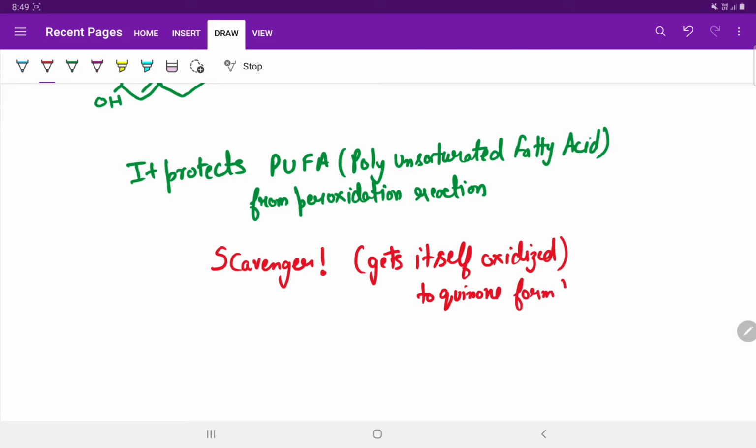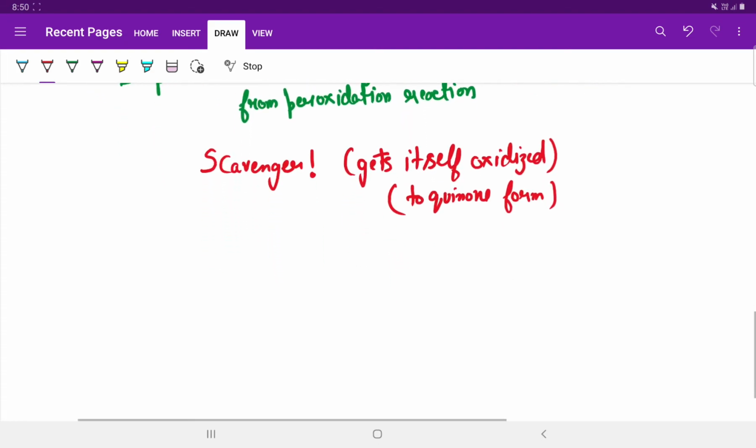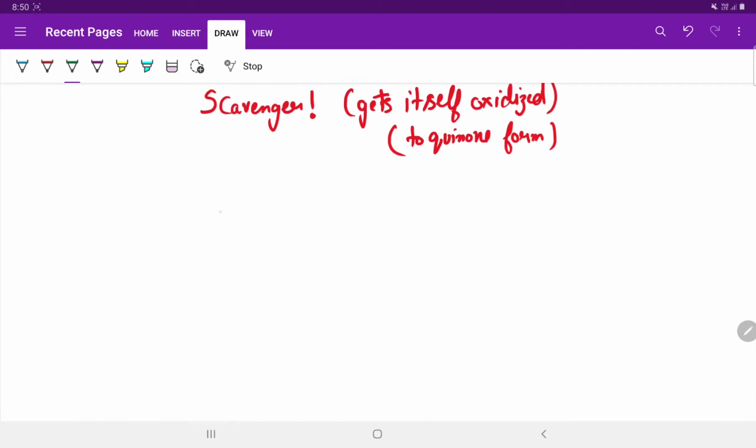From the chromane ring it gets converted into the quinone form by the free radicals, and spares the polyunsaturated fatty acids. So how does this reaction proceed? Let us take the example of alpha tocopherol that comes into play here. Now we can draw the structure of the alpha tocopherol in short. We will be drawing 3 methyl groups here.